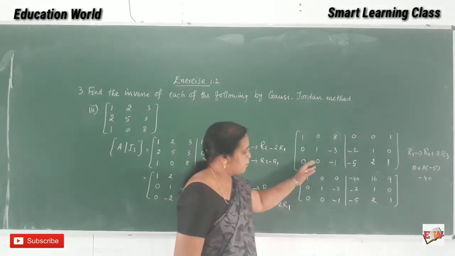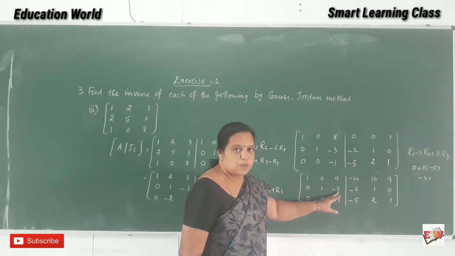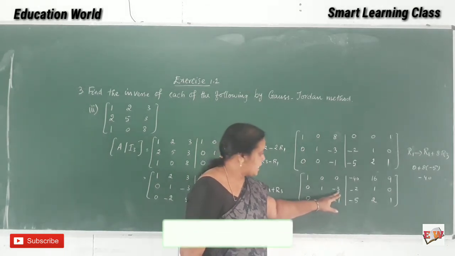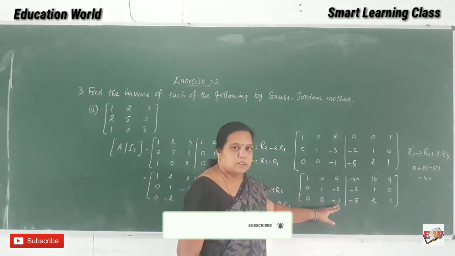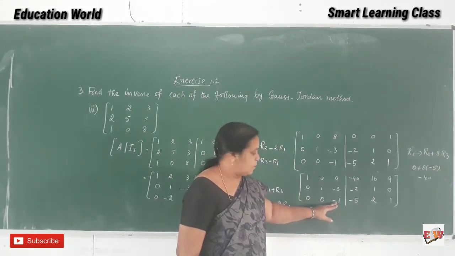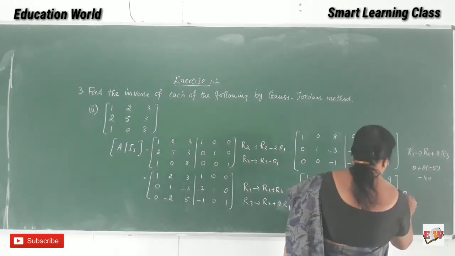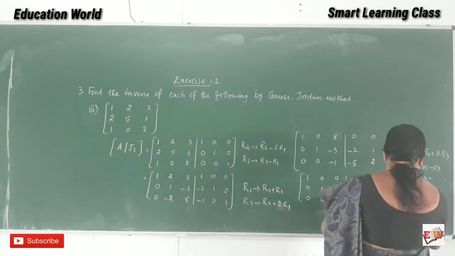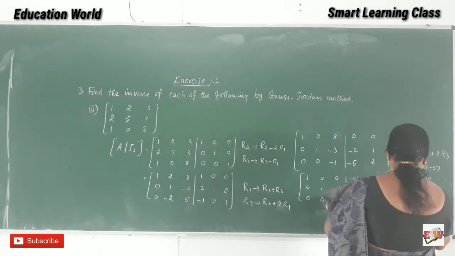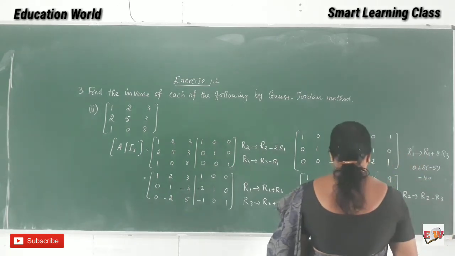See, most elements we completed. Here we have to get 0, no? So minus 3, we have to multiply by 3. R2 gives R2 minus R3. Listen.